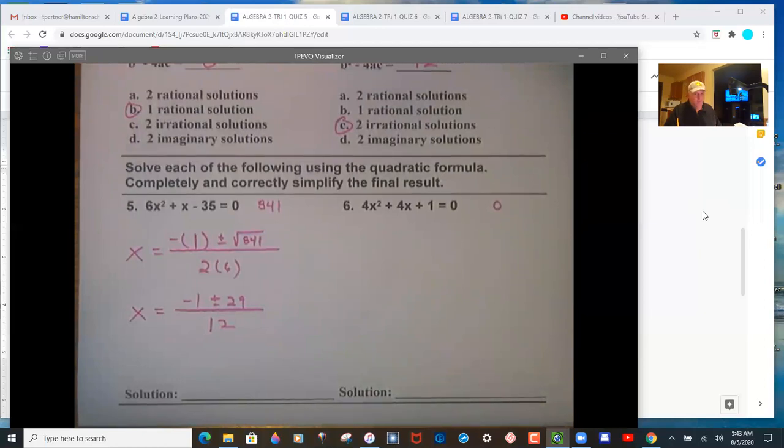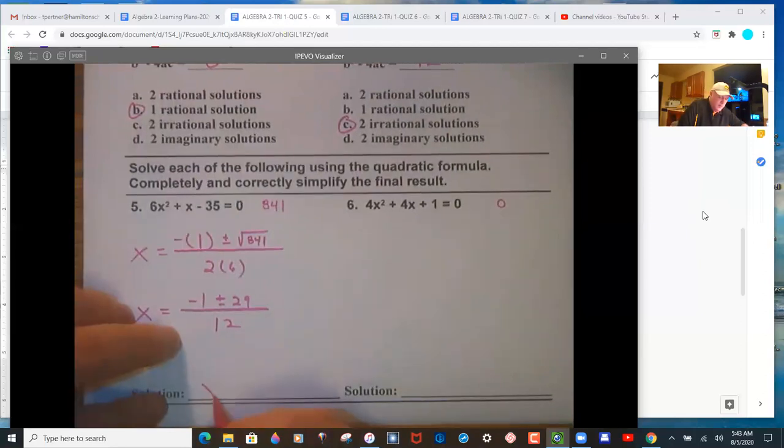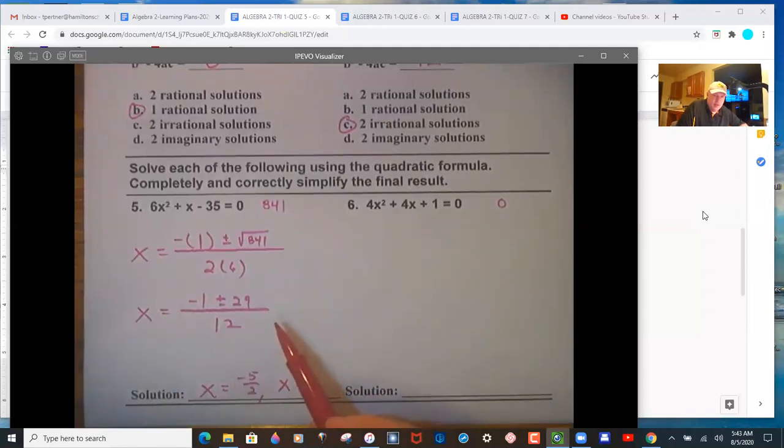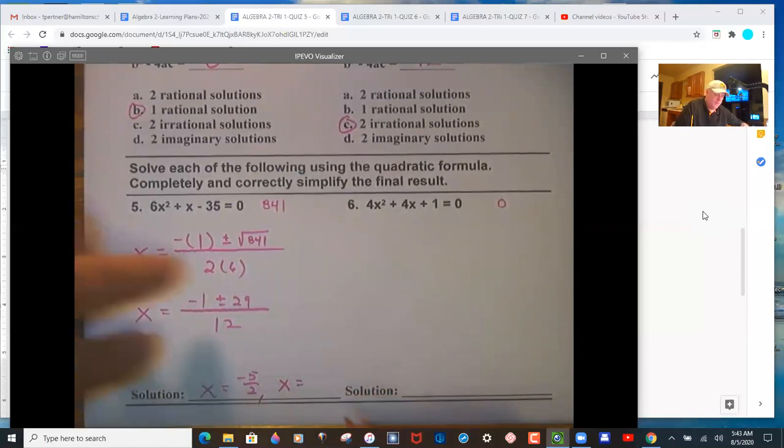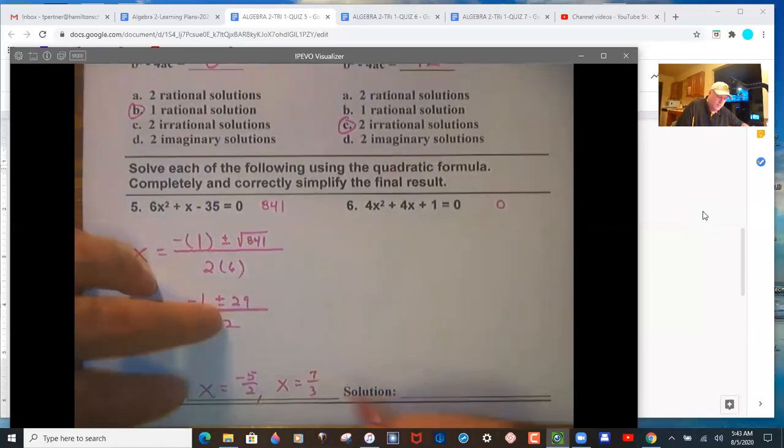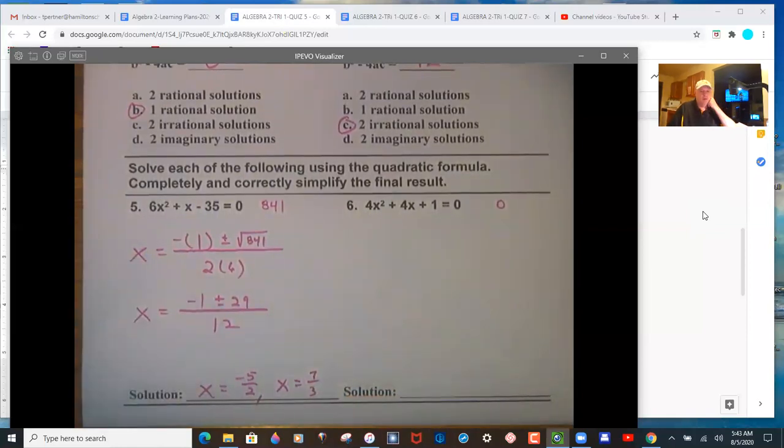So on these problems, you're going to have things that work. Your answers will be fractions or integers. So negative 1 minus 29, negative 30 over 12 is negative 5 over 2, and then negative 1 plus 29, 28 over 12, which is 7 over 3. Little calculator work there if you need to do it.